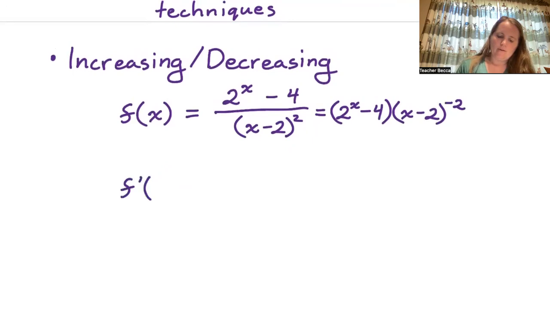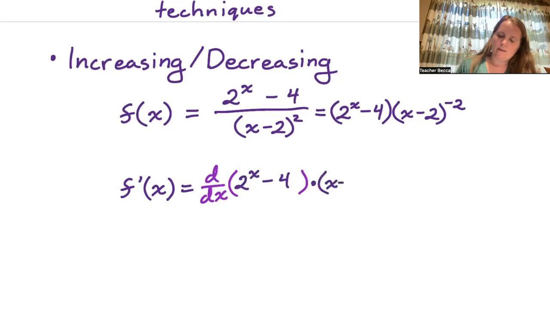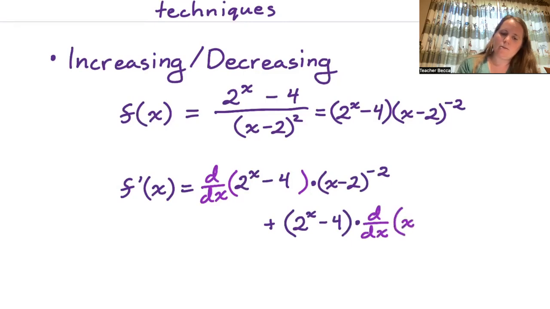So the first derivative, f prime of x, we would do the derivative of 2^x - 4 times (x - 2)^(-2). Then we would add to that 2^x - 4 times the derivative of (x - 2)^(-2).